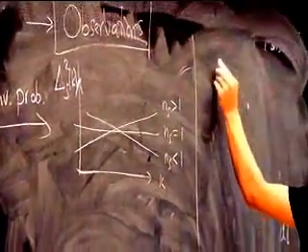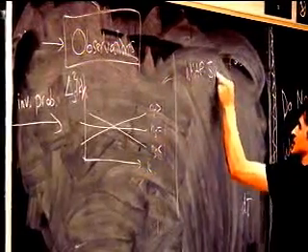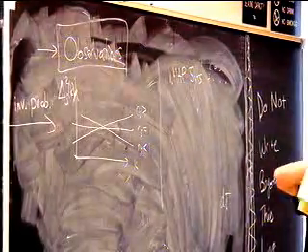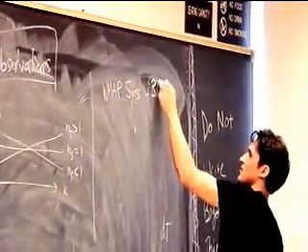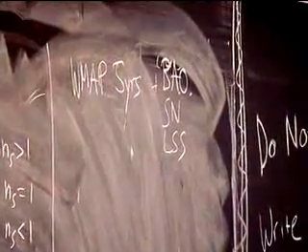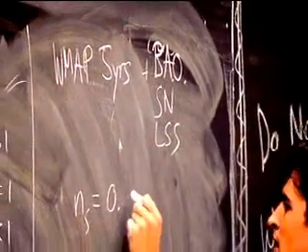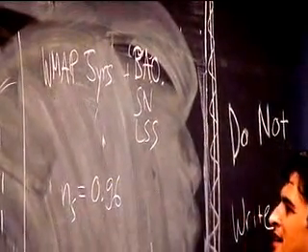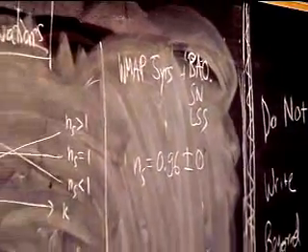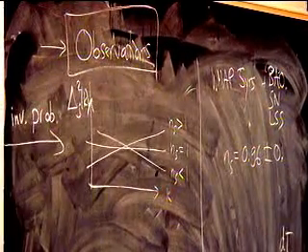So let me tell you what the data tells you. When you study WMAP 5 years, combine it with other stuff, so baryon acoustic oscillations, supernovae, large-scale structure, which I haven't talked about yet, you get an n_s value of 0.96 plus or minus, okay, error bars mean much less to theorists than they should.